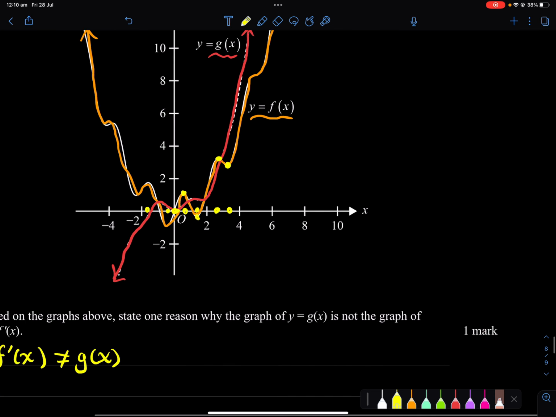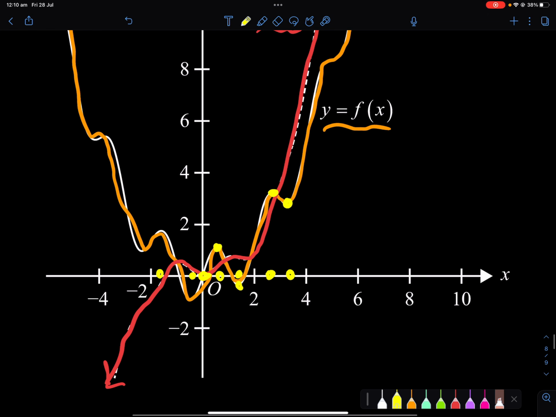So we can see that it's not g of x, because g of x just touches the x-axis at 1, 2, and that's it. It touches it at 2 points.